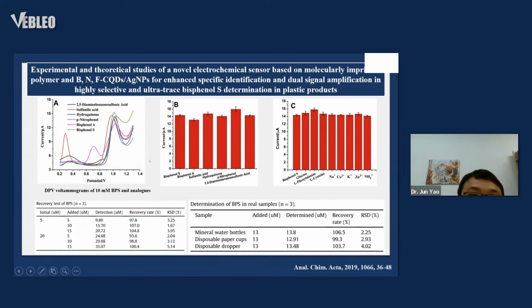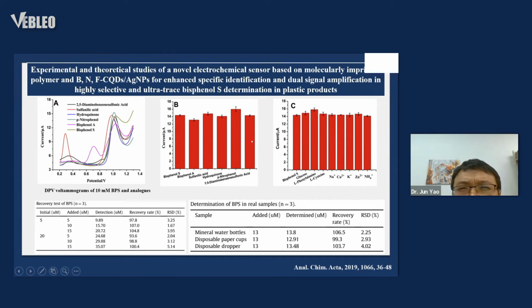In order to evaluate the selective recognizability of the sensor, 5 chemical reagents with similar structure or functional group to BPS were selected as competitors.